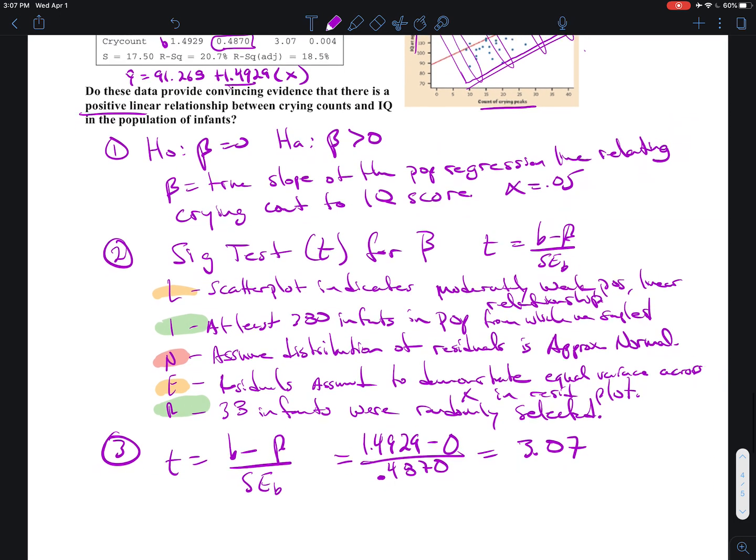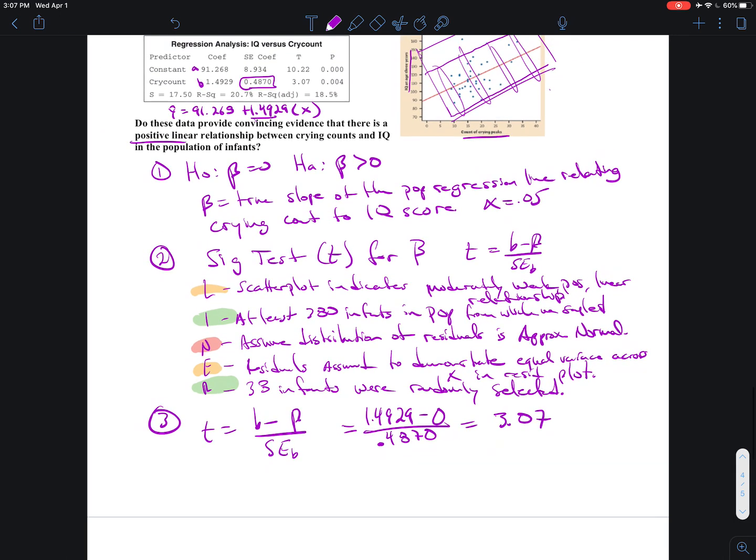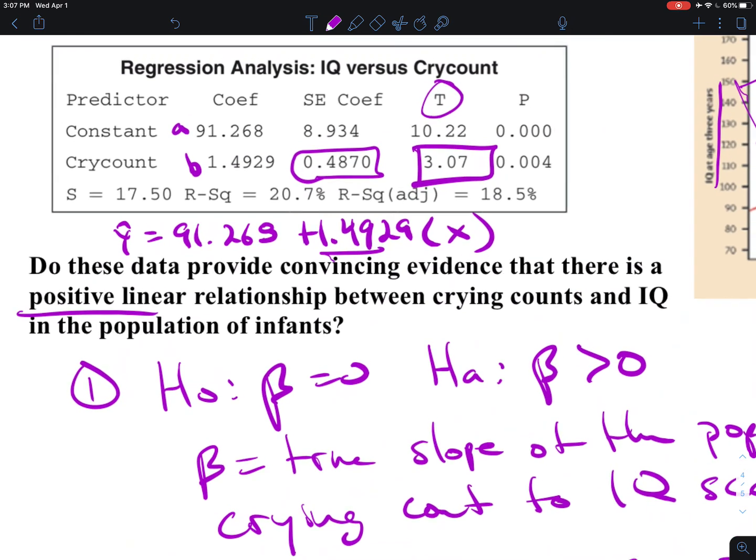Now what's really great about this test is earlier I told you, when you're doing a confidence interval, you don't use the t-value that's listed here. Well, now's the time. This value here, 3.07, is the test statistic. That's the t for this particular data set. It's always going to be the number that is up here.